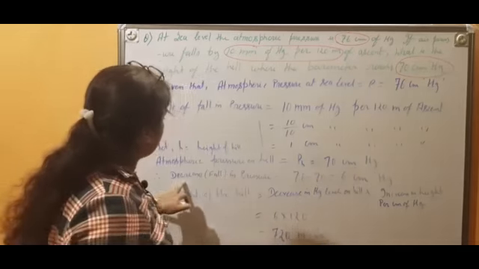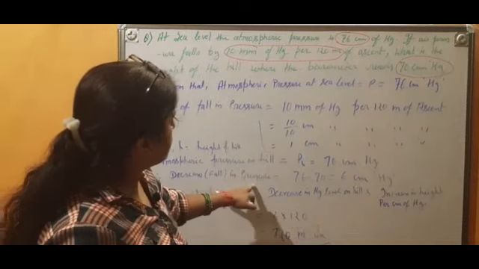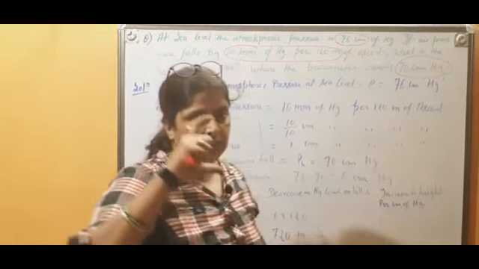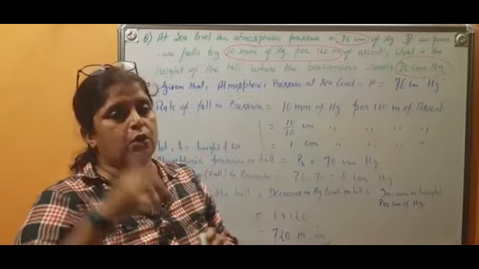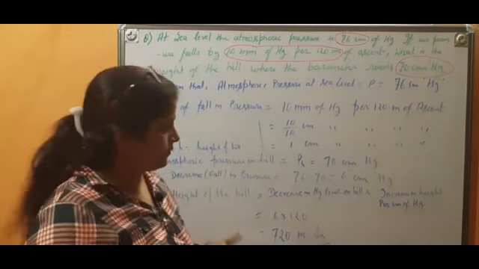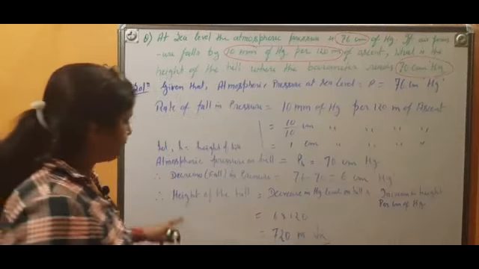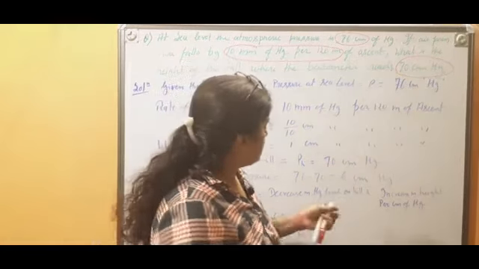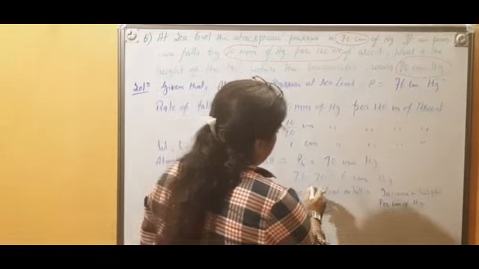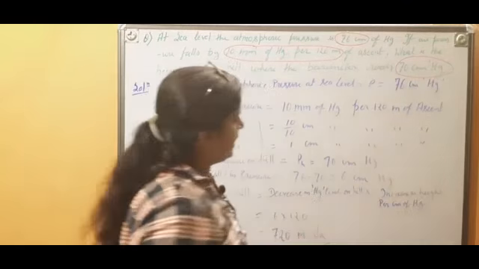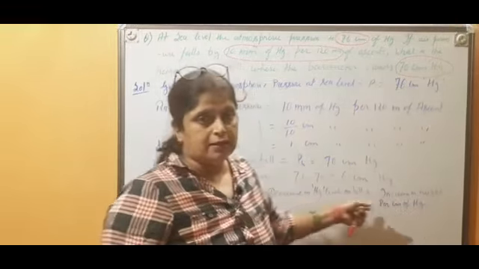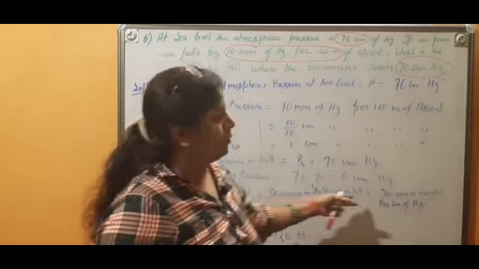So I have written therefore decrease or fall in pressure is what? 76 minus 70, that is 6 centimeter Hg. It means fall in that barometric tube is about 6 centimeter. Therefore, how we'll calculate the height? Therefore, height of the hill is equals to what? Decrease in Hg level on hill into increase in height per centimeter of Hg. I have written it randomly. It is not compulsory because it is not any formula.